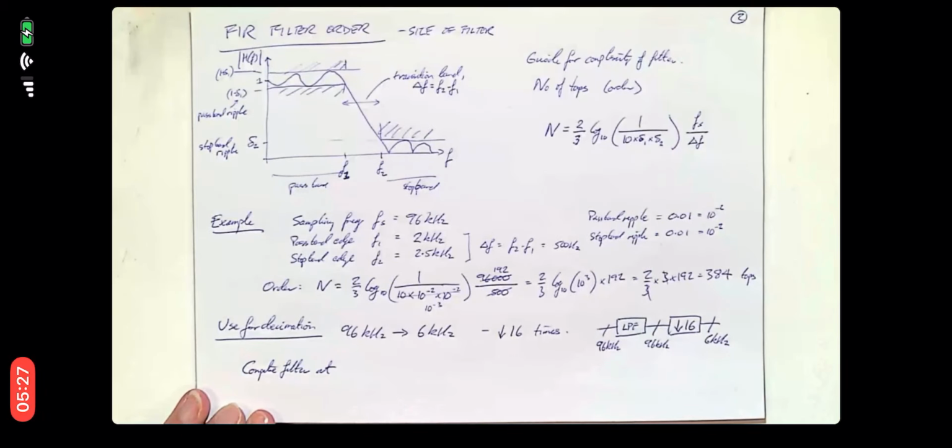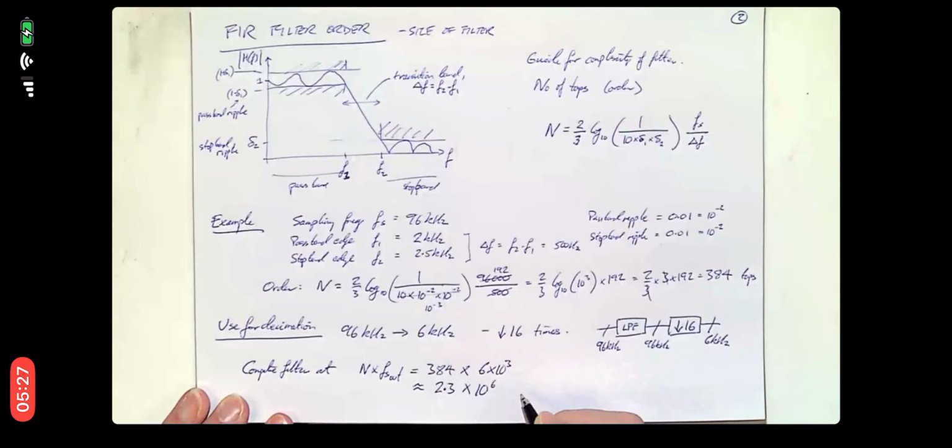So we compute the filter at n times fs out, which is, in our case, 384 times 6 kilohertz, 6 times 10 to the 3. So that's about 2.3 times 10 to the 6 multiplies per second.